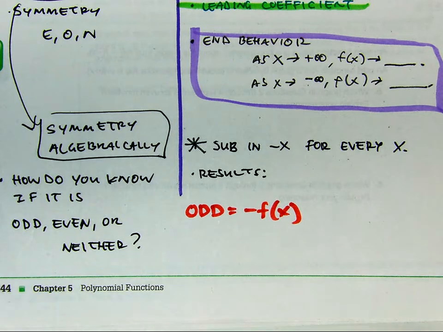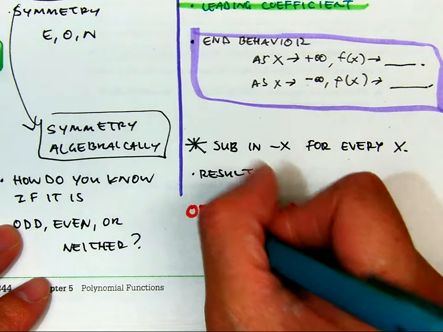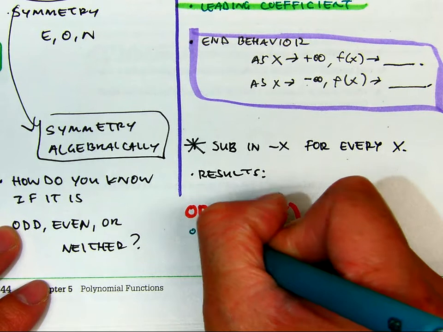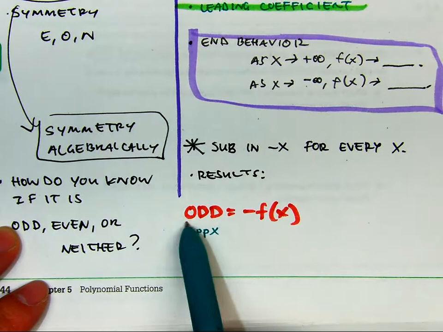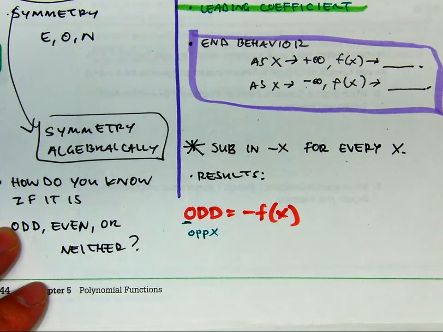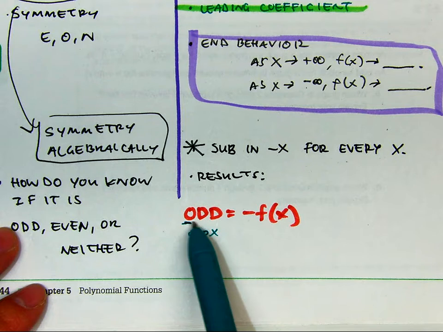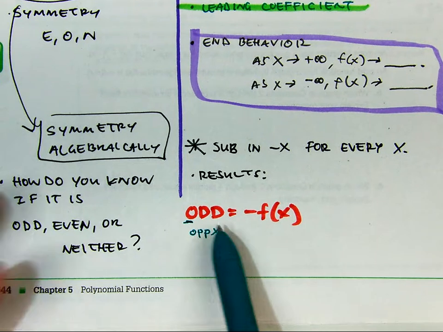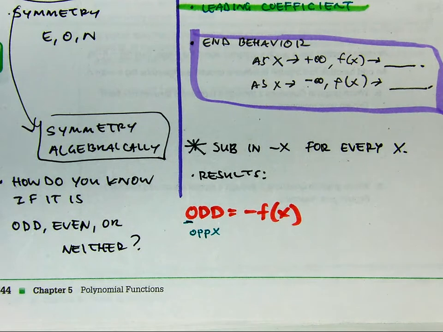And that's why in the previous notes I had something called odd op x. It's an odd function if it's the opposite. So it's just kind of like a word play to help you remind you. It'll make sense when we do some examples.